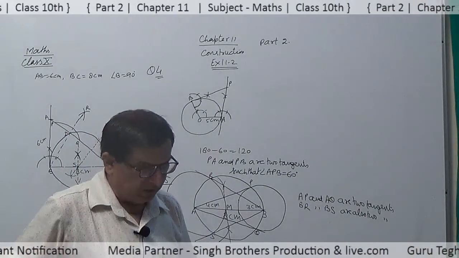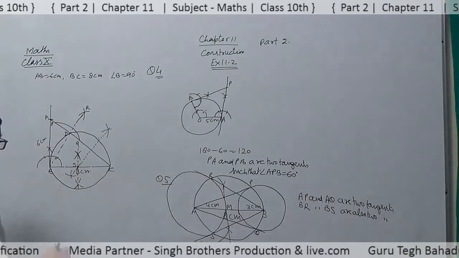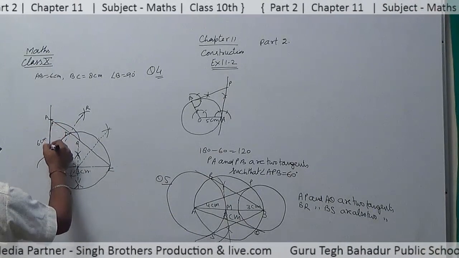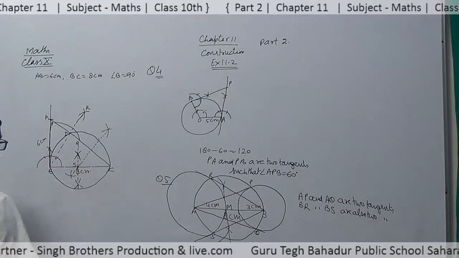Now construct the tangent from point A to this circle. AB is a tangent because it is perpendicular.